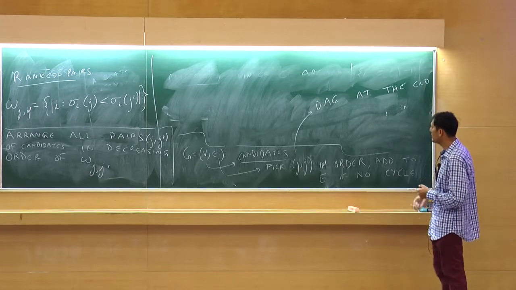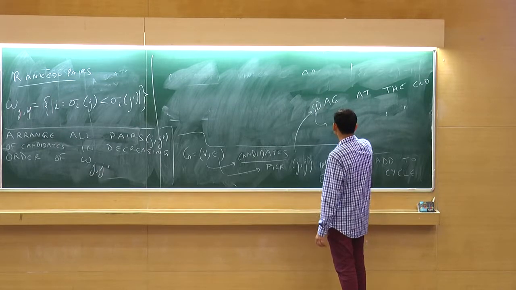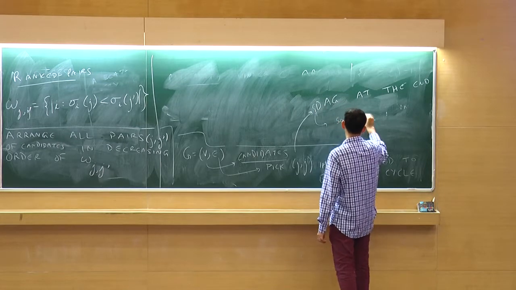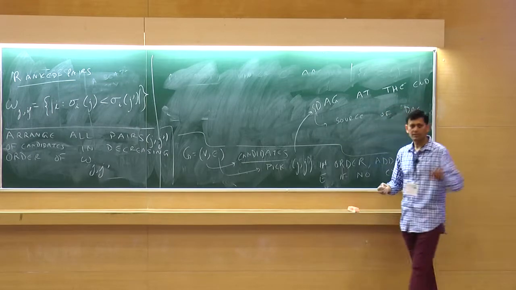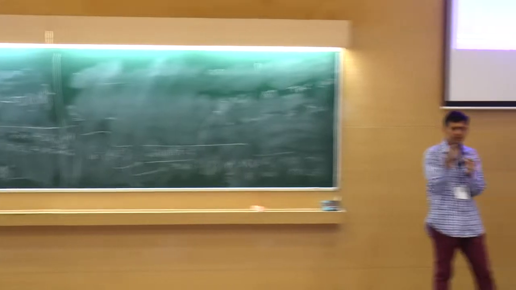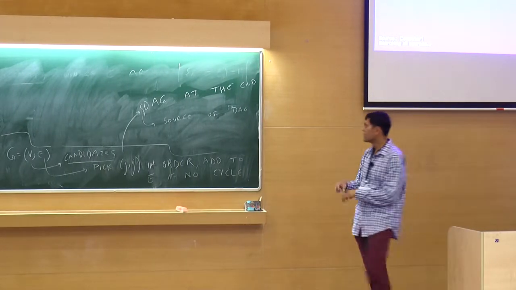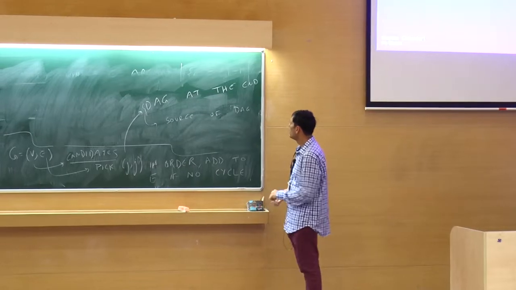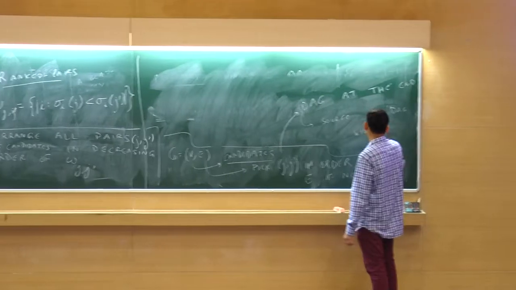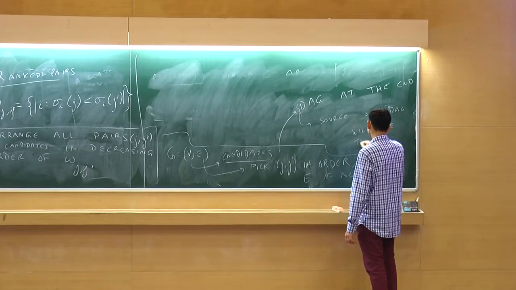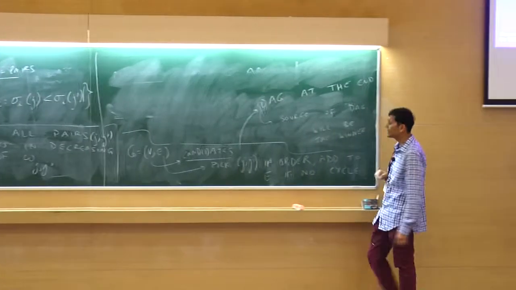At the end you're going to have a DAG, and between any two nodes there's going to be at least one edge, either from j to j prime or j prime to j. The source of the DAG will be the winner. In fact, it's going to give you a complete ranking. So this is rank pairs.